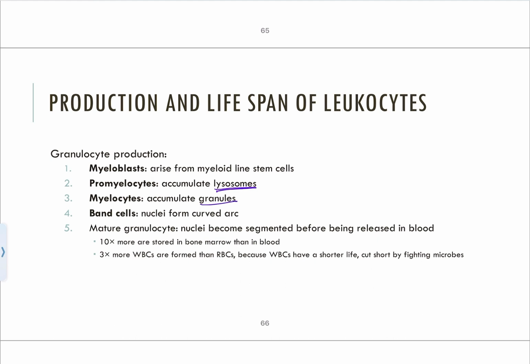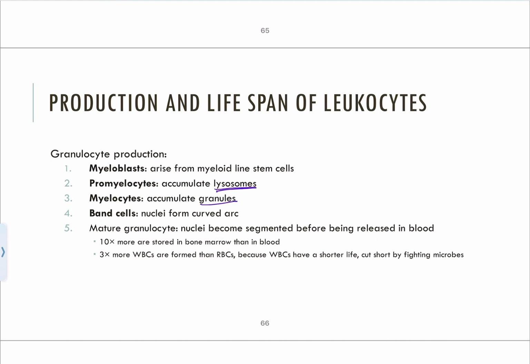And then the band cells. So band cells are where we are forming those lobes of our nuclei. The bands are where the lobes are actually connected. And then eventually we reach our mature granulocyte, and the nuclei are going to be segmented into those lobes before they're actually released into the bloodstream.